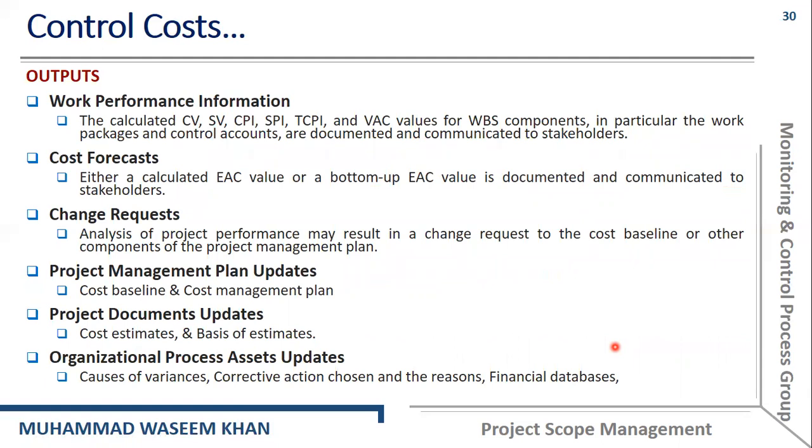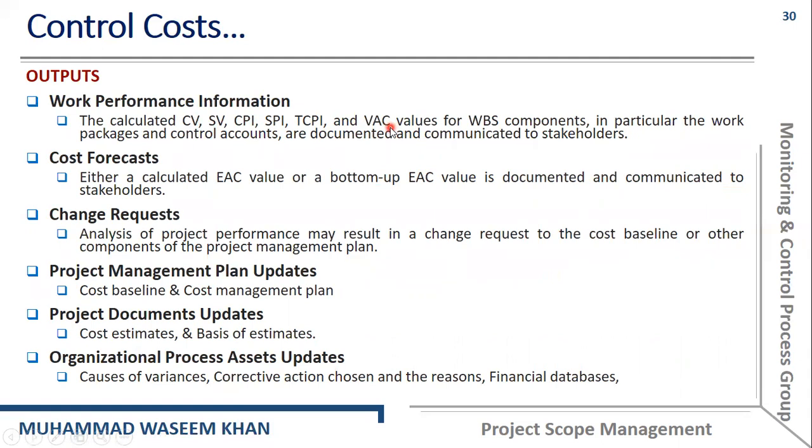The output that we will achieve in the control cost process is the work performance information. The work performance information means the cost variance, the schedule variance, the cost performance index, the schedule performance index, the total cost performance index, variance.